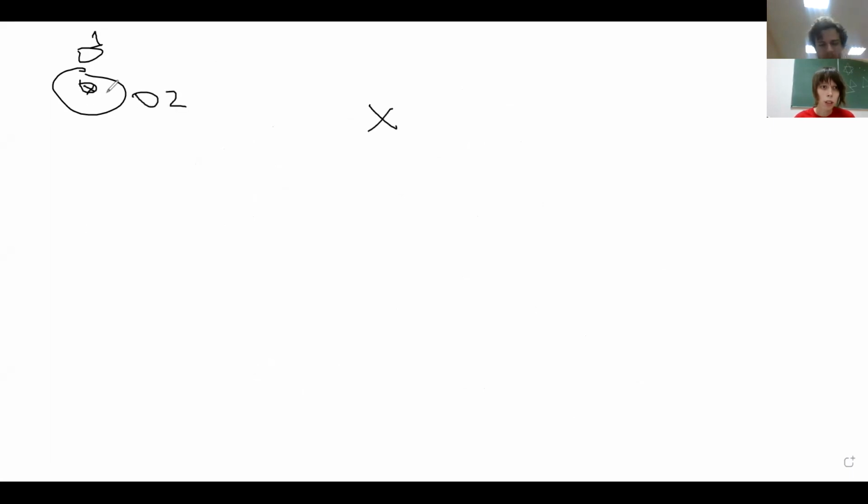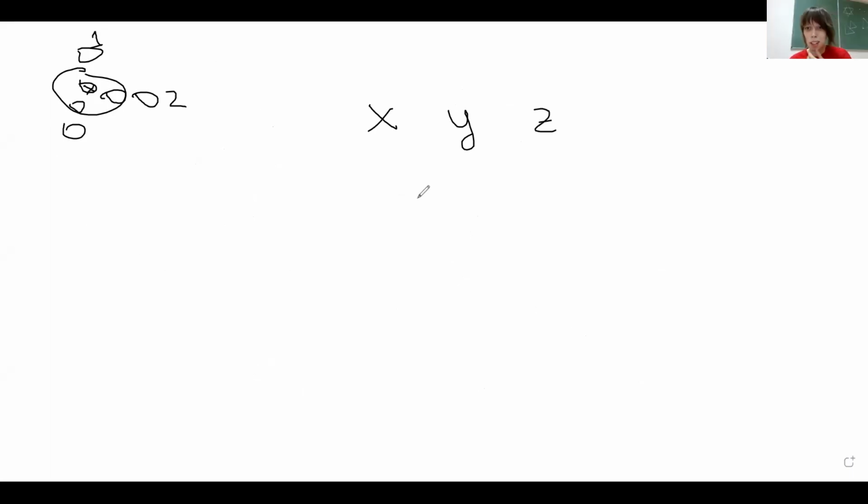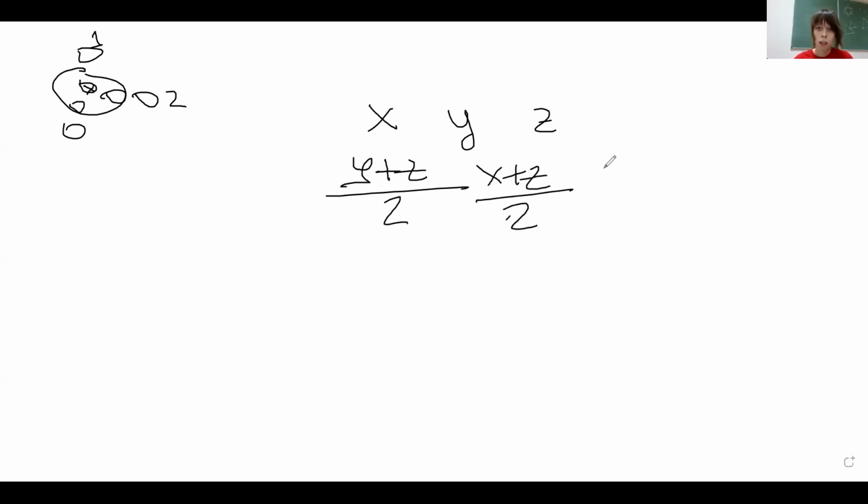The second kid has Y amount of porridge, and the third kid has Z amount of porridge. After 1 minute, the porridge would be spread the following way. The first kid gets half of Y's porridge and half of Z's porridge, so it's (Y plus Z) divided by 2. The second kid gets (X plus Z) divided by 2. And the third kid gets (X plus Y) divided by 2, and so forth.